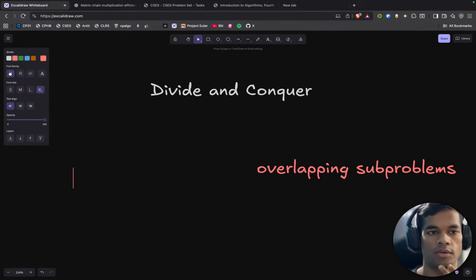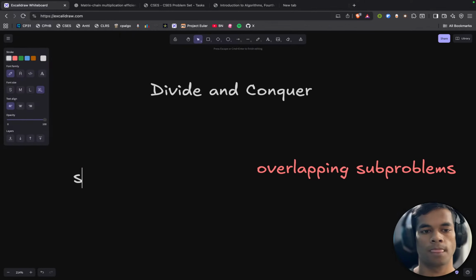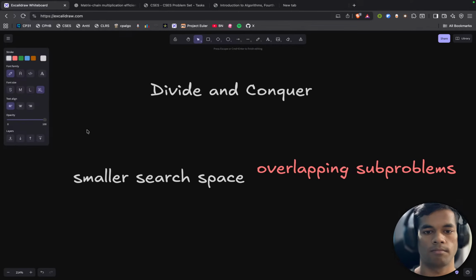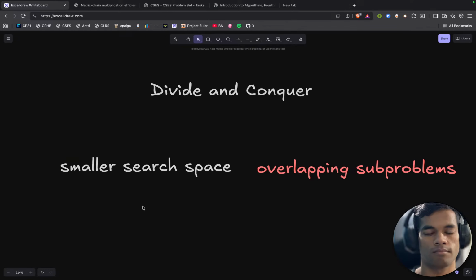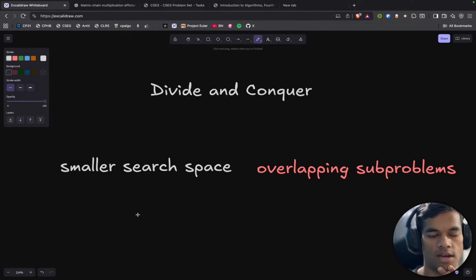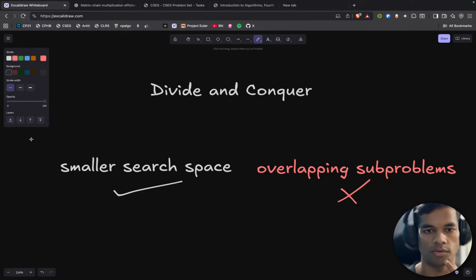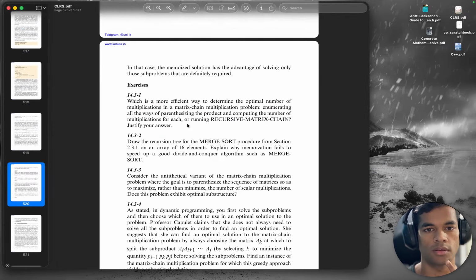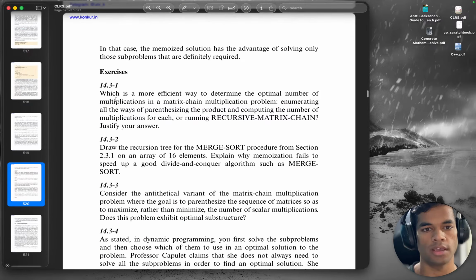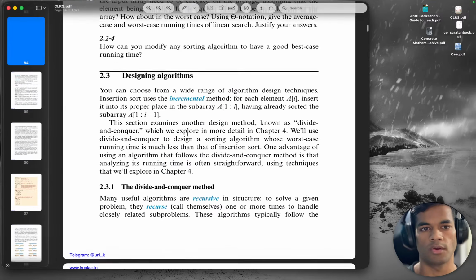And what we do have is a smaller search space. And that is why recursion is better than enumerating all the ways to parenthesize. Okay, that was a nice question.